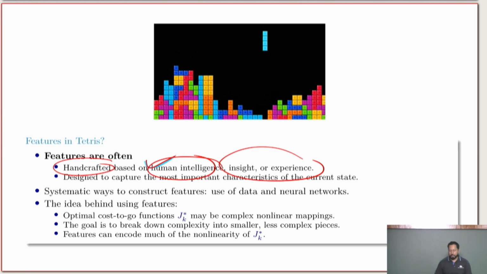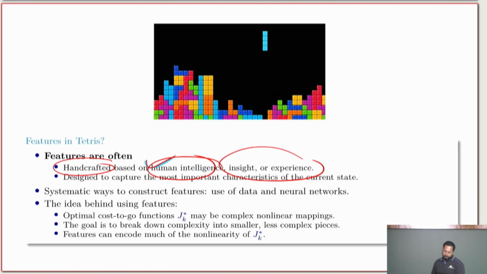Obviously, one has to ask whether the features that you have are good enough to completely solve this problem, or whether there is something missing in your features, and that will have consequences on how you program this. What are the other systematic or automated ways to construct features?